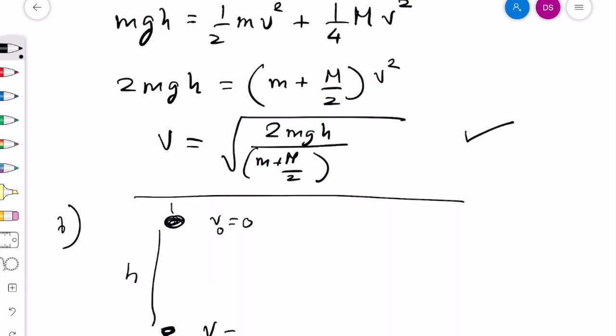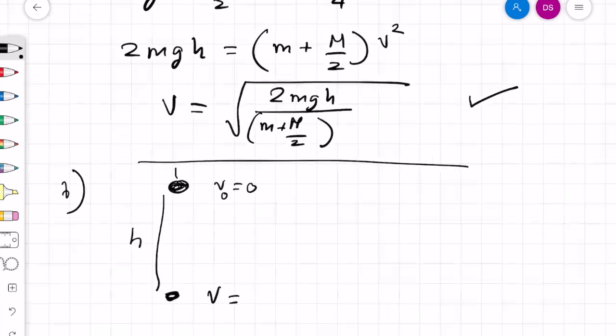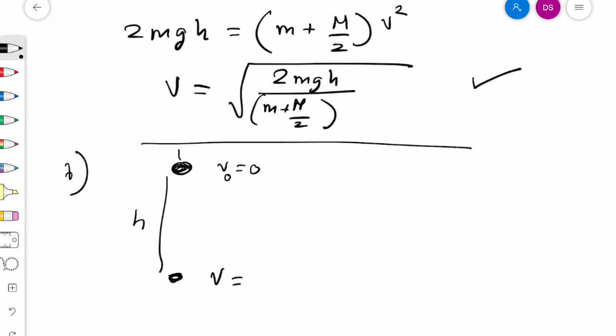So what is its acceleration? To find that, you would just use the third kinematic equation. V final squared is equal to V initial squared plus 2a times the distance, right? And you would solve for a from there. V initial is 0.